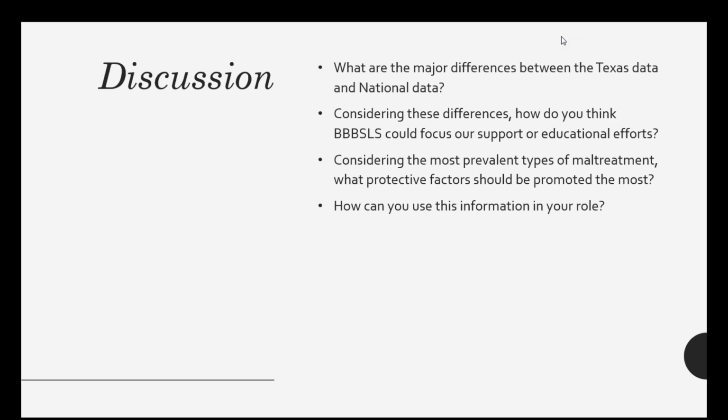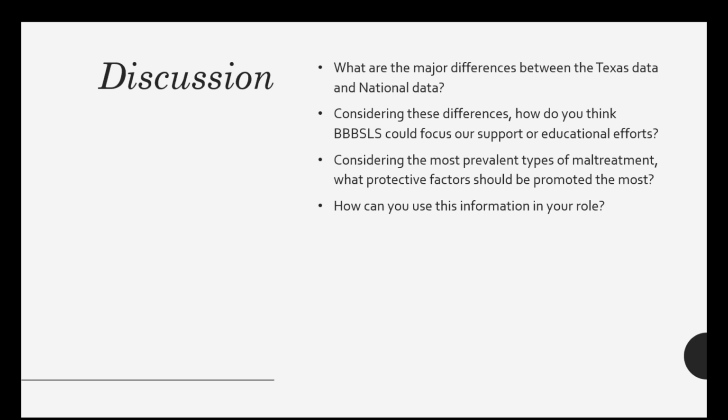So, let's talk about the differences between the Texas data and the national data. So the things that we talked about were that we have the highest number of percentage of reports, the highest percentage of deaths, and we have a much higher percentage of Hispanic victims than the national data does.